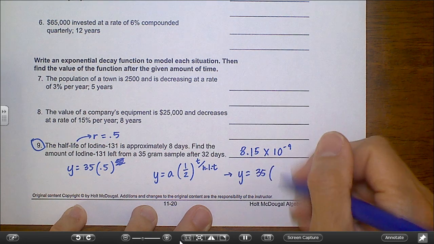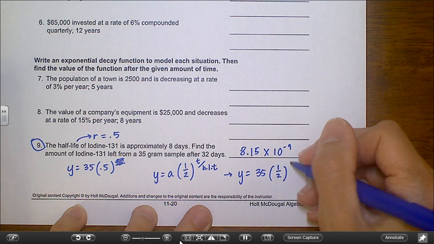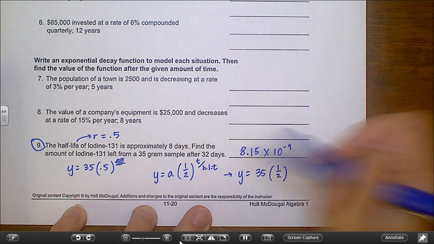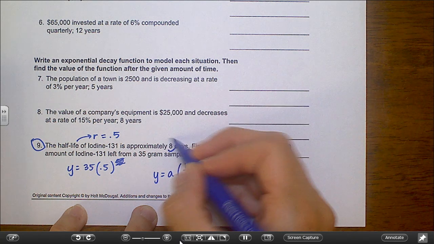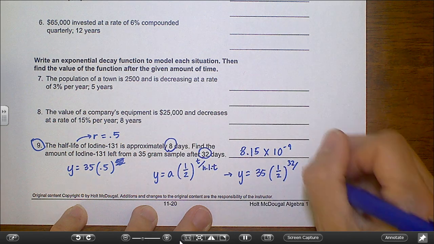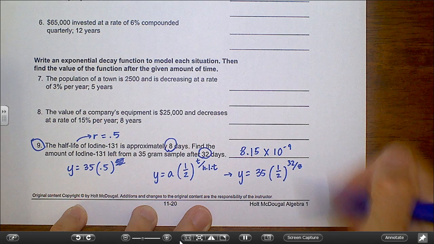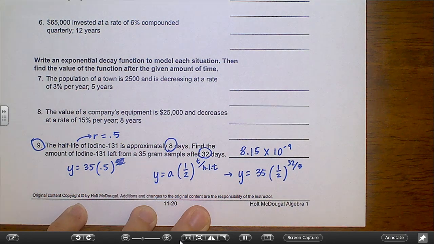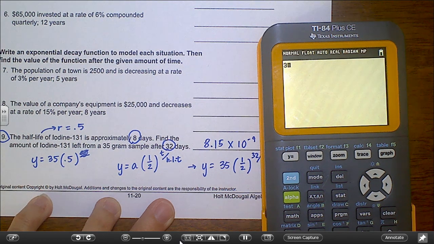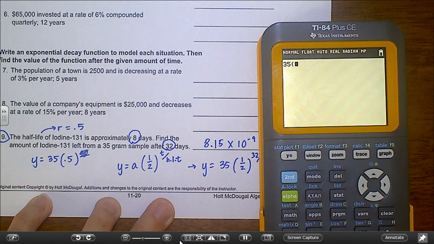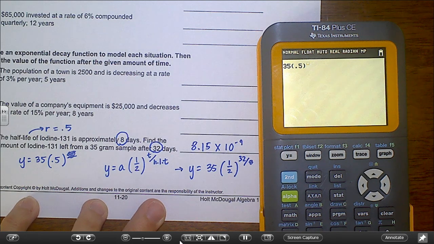So that A is 35, your half-life goes here, 1/2. And then it's raised to the time, which is 32, divided by the number of days for a half-life. So 32 divided by 8, so that would be 4. So I would now put this in. This makes more sense. I'm sorry. So 35 times 0.5 or 1/2, doesn't matter, raised to the 32 divided by 8, which is 4.